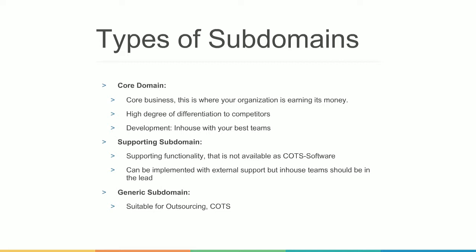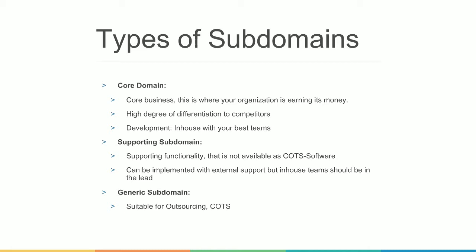However, not everything in an organization is part of a core domain. We obviously have other subdomains that are needed to operate a core domain. Without them, the core domain wouldn't be functional, and those are usually classified under a supporting subdomain. That's supporting functionality, which is not available as COTS software.